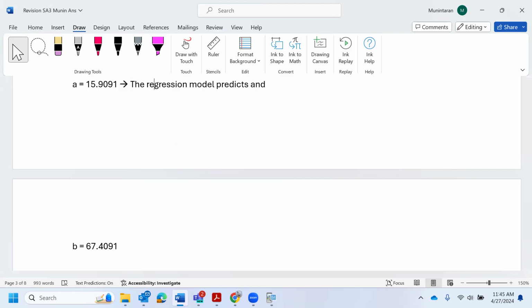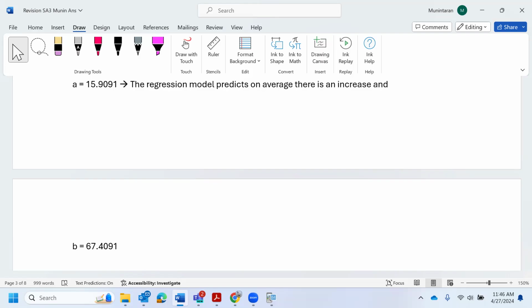So the value of A: the regression model predicts, right? It's about prediction. The linear line is about prediction, predicts on average. It must be on average. On average, there is an increase.